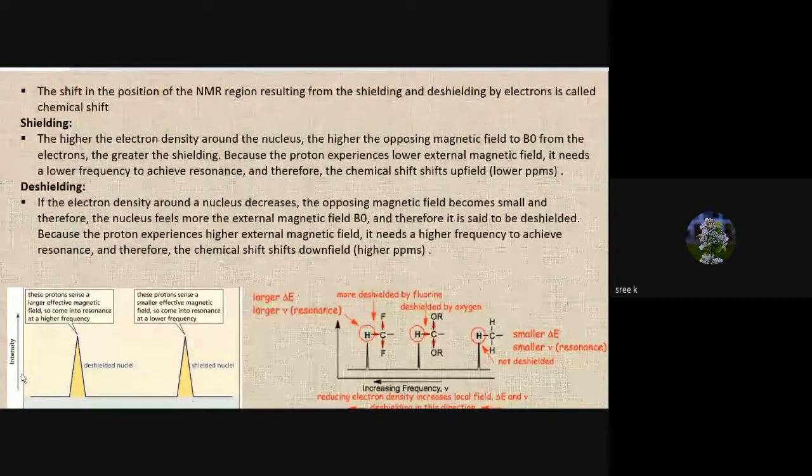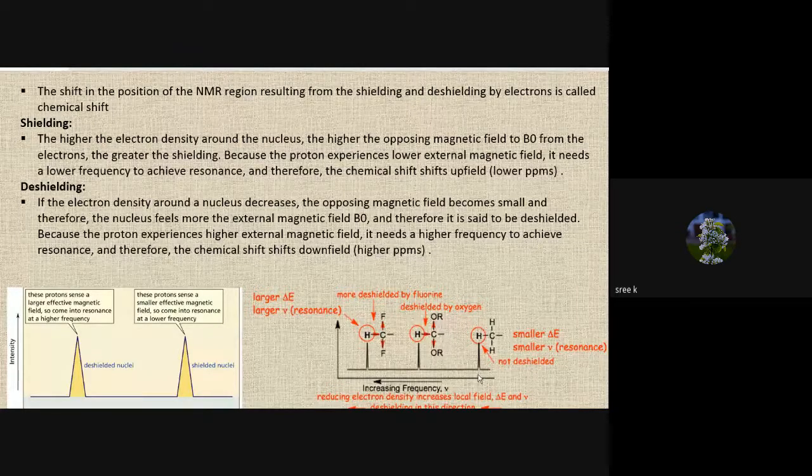Similarly, de-shielding is just the opposite. You have a lower electron density around the nucleus, so a larger frequency is required to change the lower energy state of the spin to a higher energy state. Different compounds have different shielding and de-shielding characteristics.